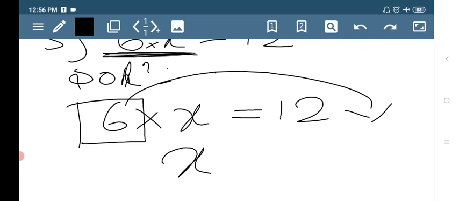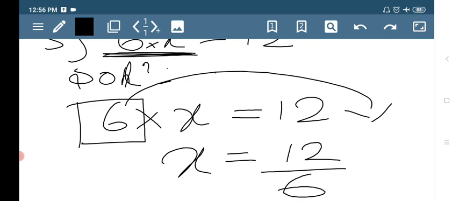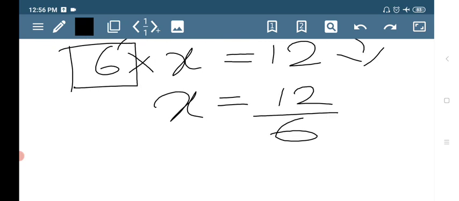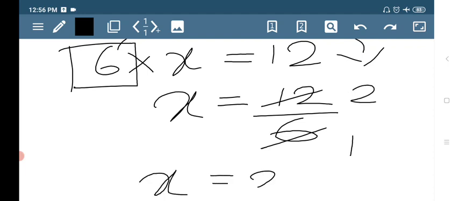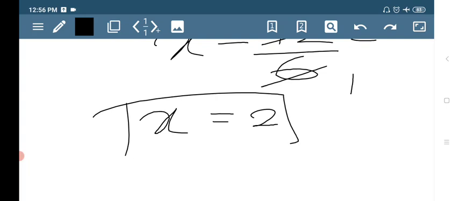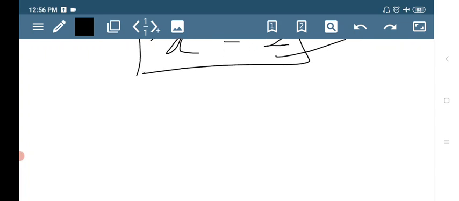Yes, very good. It becomes divide, right? Now is this divisible? Can we divide 12 by 6? Yes, 6 twos are 12. So x is equal to 2. Got it?